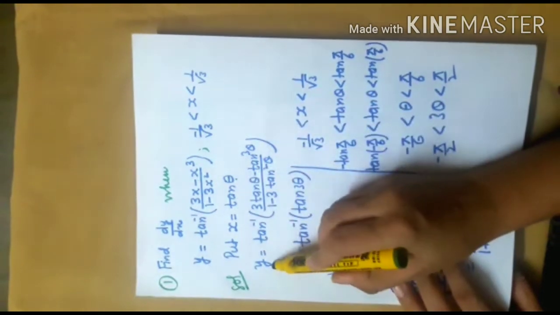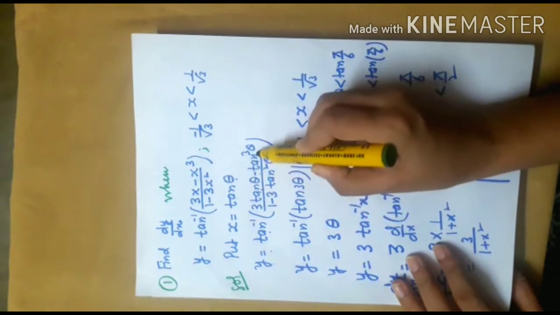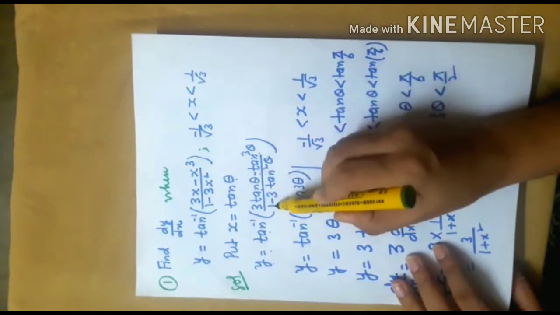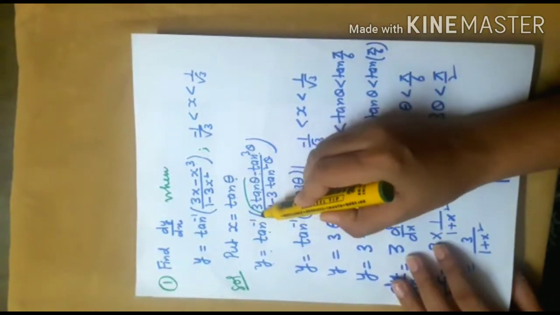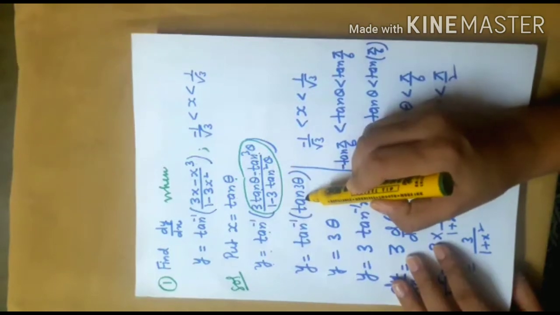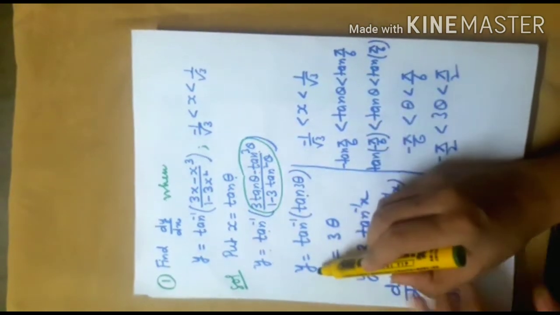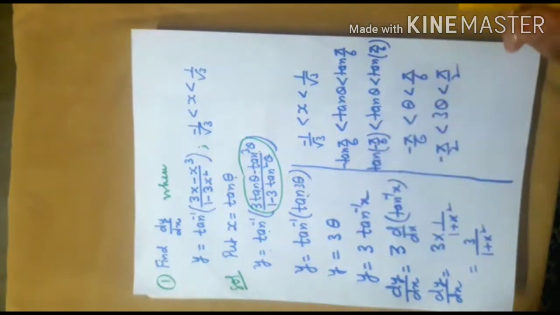So I'll get y equals tan inverse of 3 tan theta minus tan cube theta over 1 minus 3 tan square theta. Try to recall, this is the formula for tan 3 theta. So I'll get y is equal to tan inverse tan 3 theta.